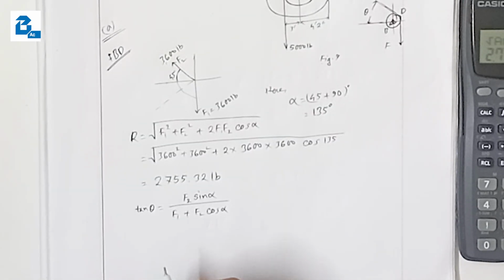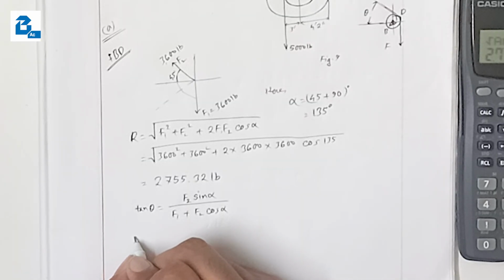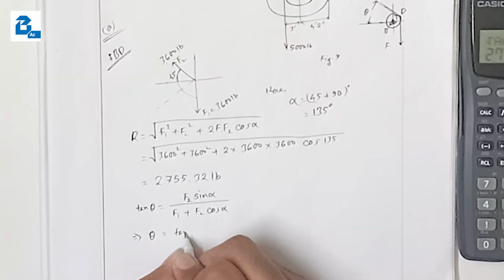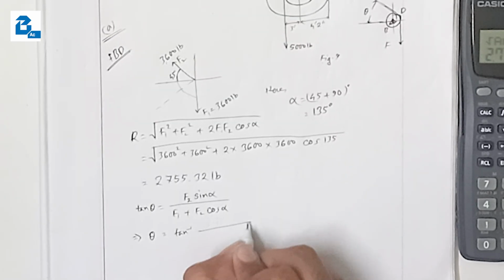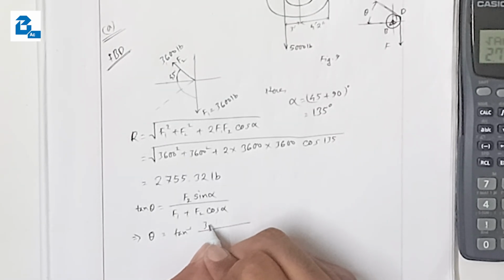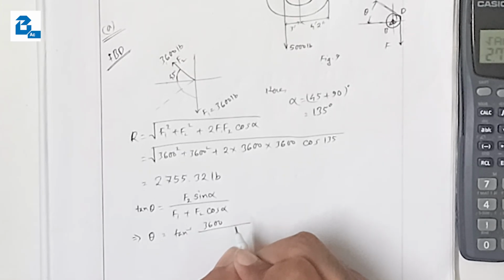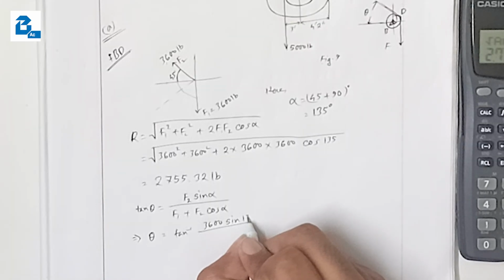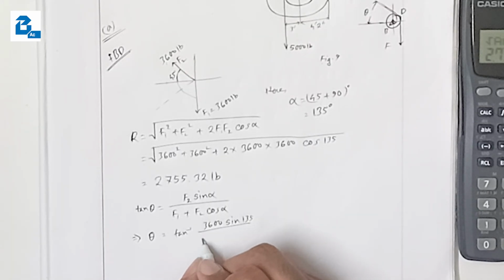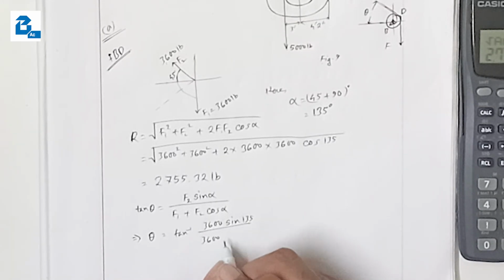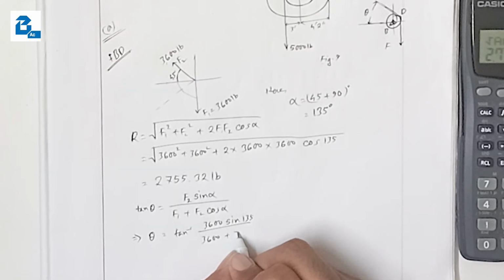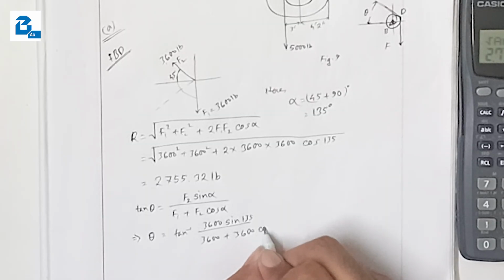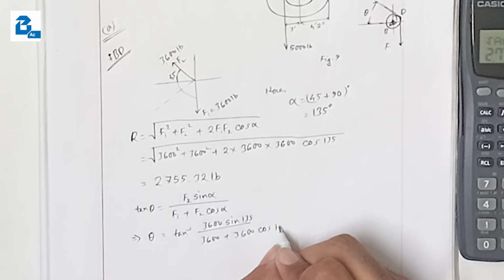And if we put the values in, then we get theta equals tan inverse 3600 sine 135 divided by 3600 plus 3600 cos 135.